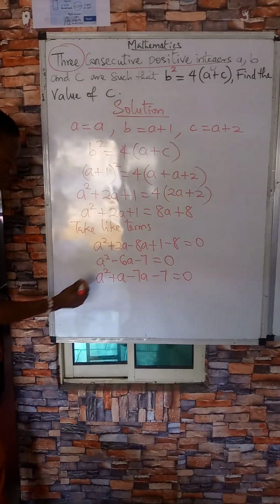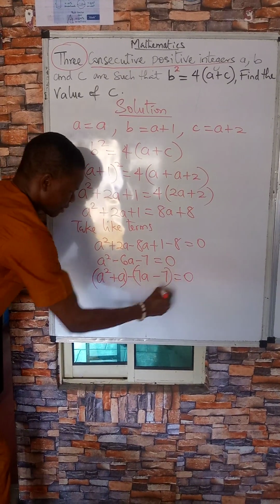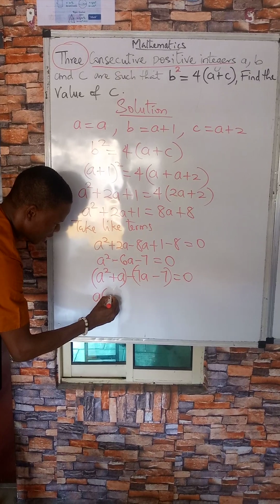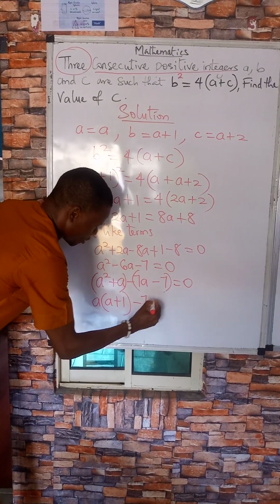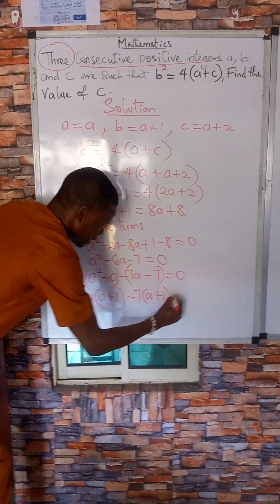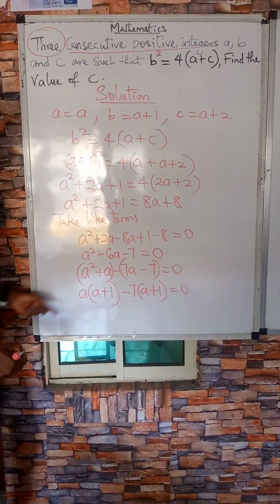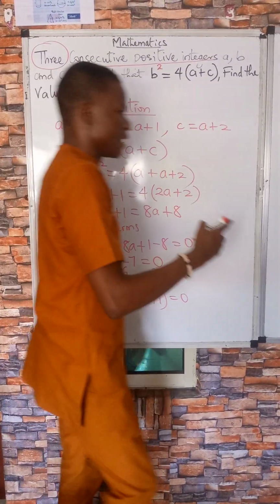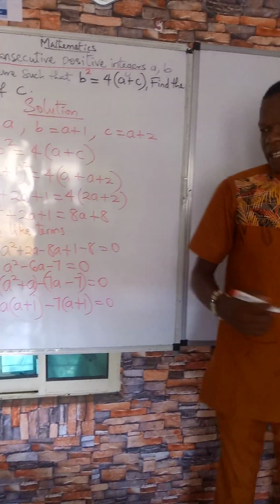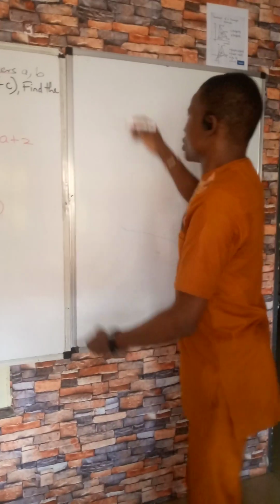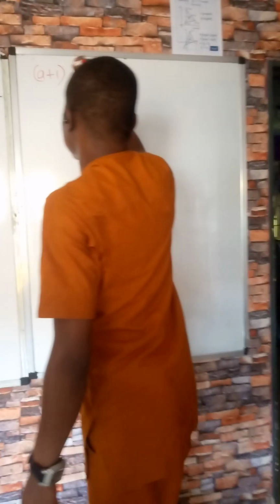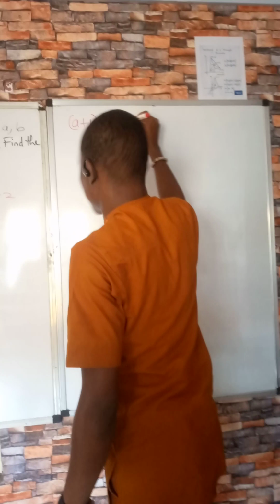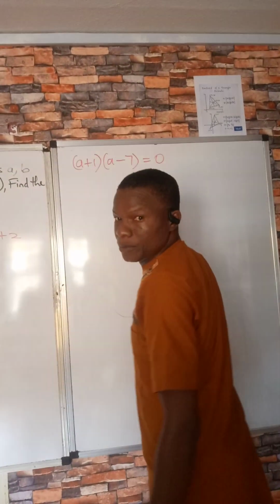Now I'm factorizing, so taking this, we have a common here, we have a plus 1 here, minus 7 common here, we have a plus 1 here, equal to 0. Now from what we just did, it's very simple. We'll take one of the brackets, a plus 1, and we'll take what is outside the bracket, then we have a minus 7 equal to 0.